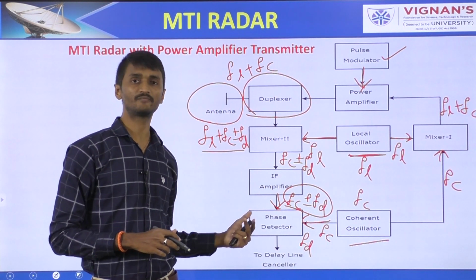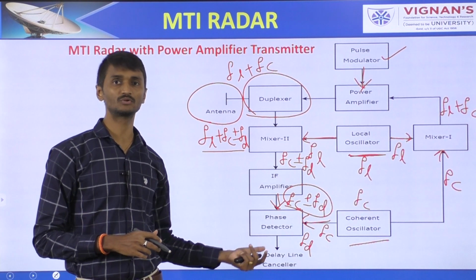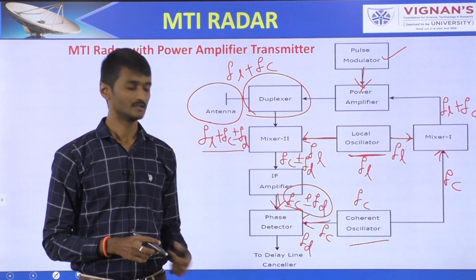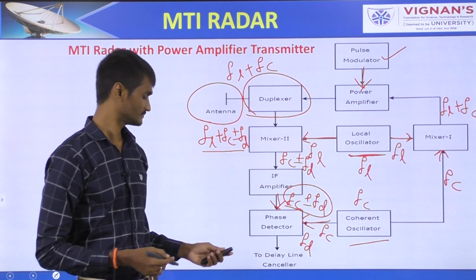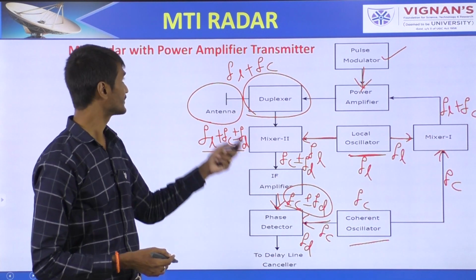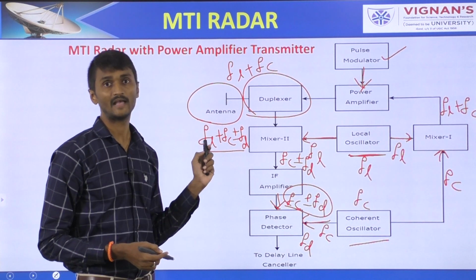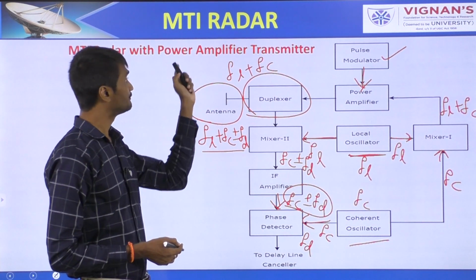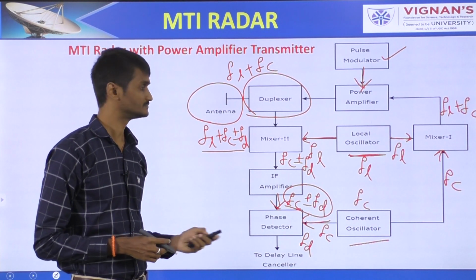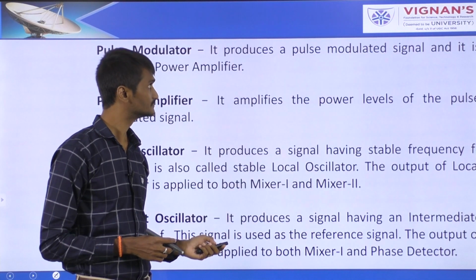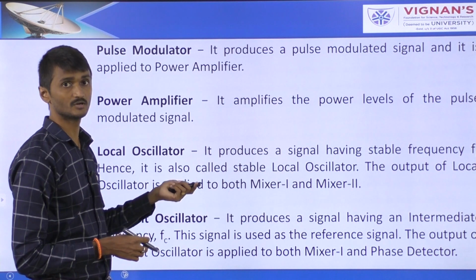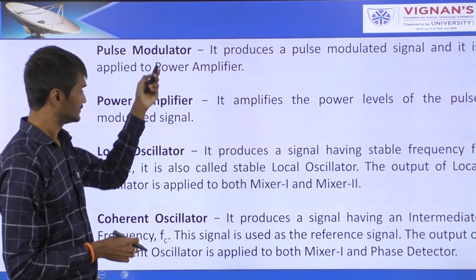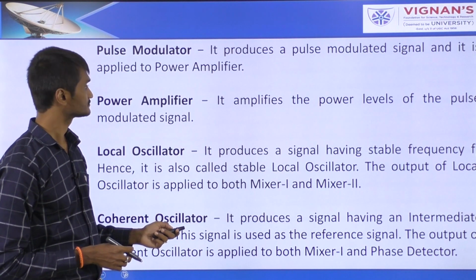The output of the phase detector can be connected to the delay line canceller. These delay line cancellers we will discuss later. So this is the operation of the MTI radar with power amplifier transmitter. So please go through this.